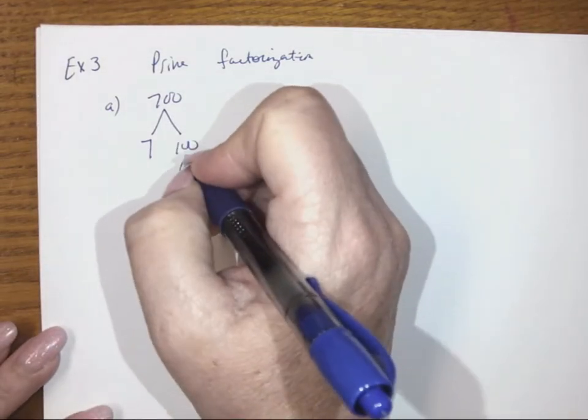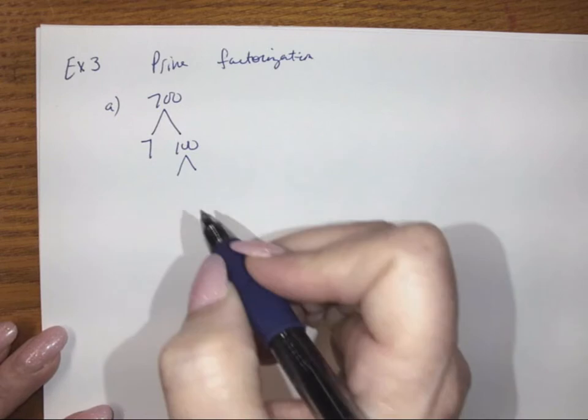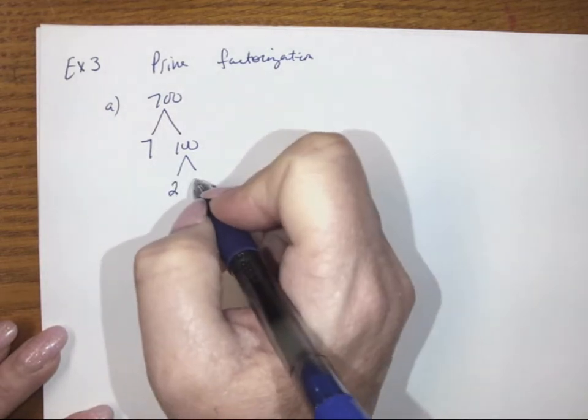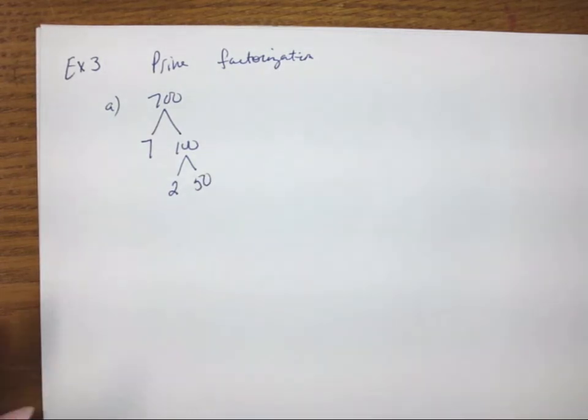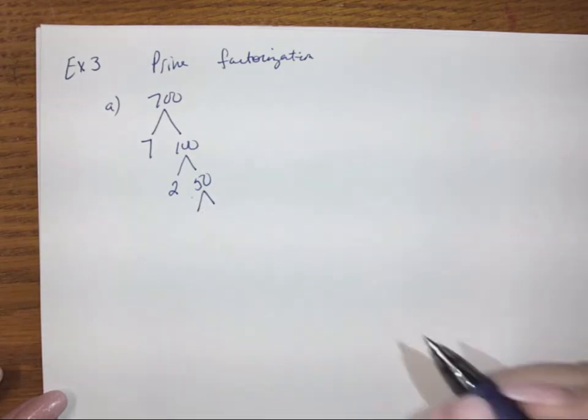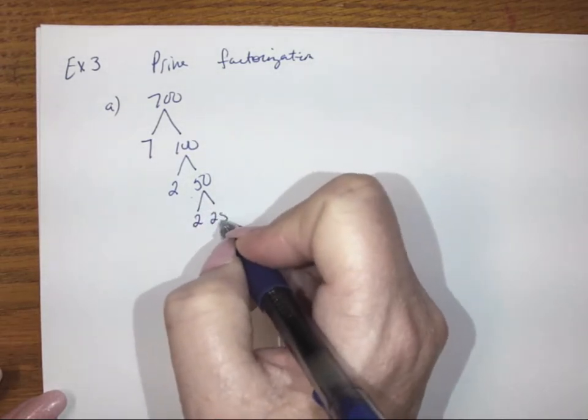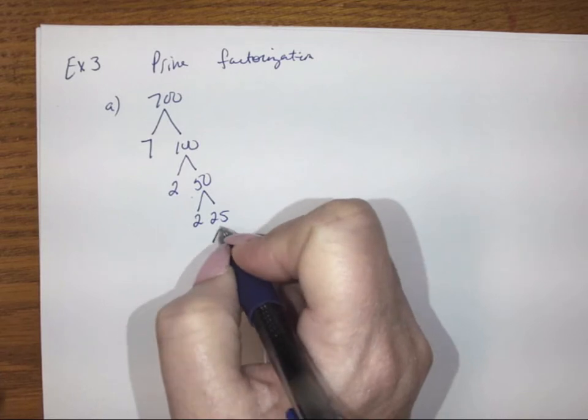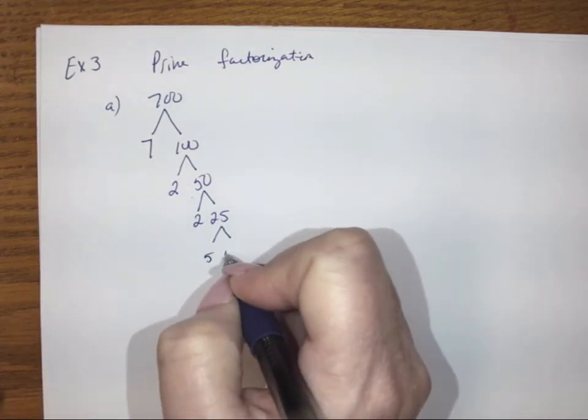7 is a prime number, but 100 is not. It is 2 times 50. You could have done 5 times 20, 4 times 25. It doesn't matter. You're going to get to the same answer. 50, we could do 5 times 10, or we can do 2 times 25. And 25 would be 5 times 5.